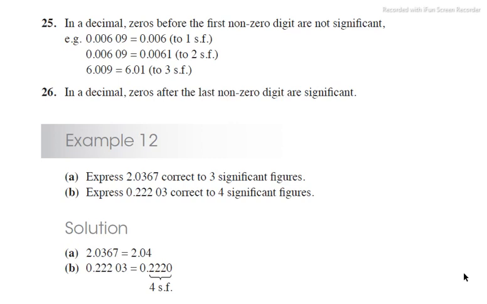Therefore, those are 4 significant figures. We are considering the last 0 as significant because it is a principle that in a decimal, the last 0 should be considered significant.